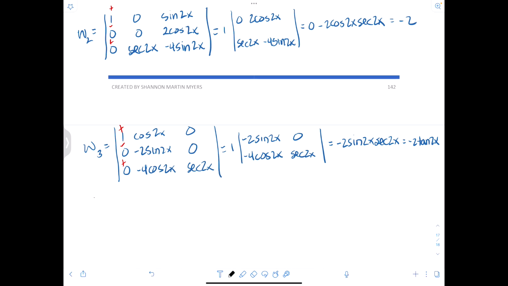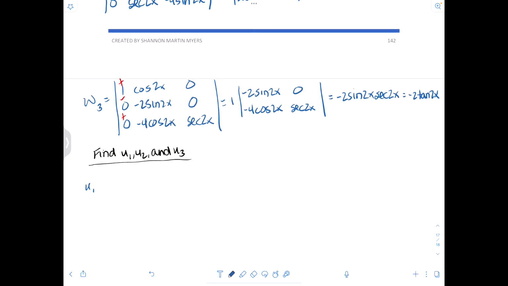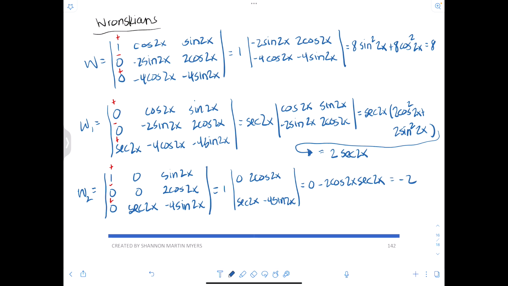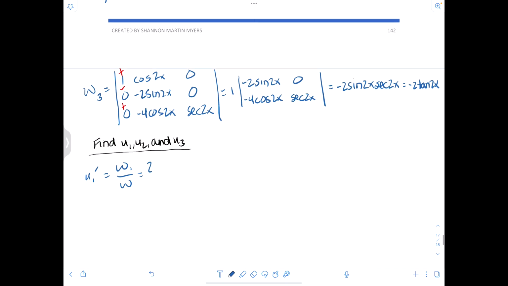So now we want to find u1, u2, and u3. So u1 prime is w1 over w, which is going to be, w was 8, and so 2 secant 2x over 8, which will be 1/4 times secant 2x.